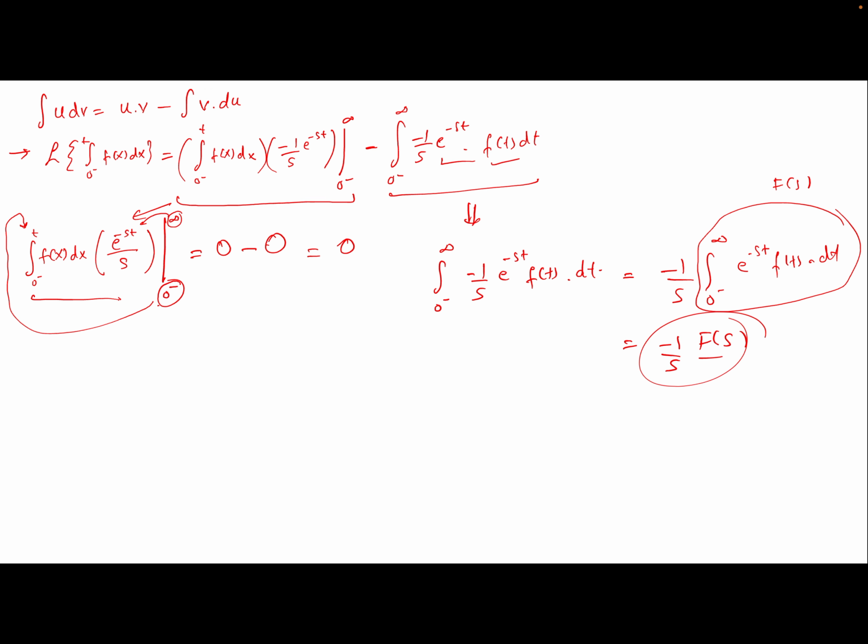And I can replace this back into the original equation here. The Laplace transform of integral from 0⁻ to t of f of x dx, after doing a lot of this integration by parts and this easier calculation, comes out to be 0 minus 1 over s F of s. So it should be F of s over s.